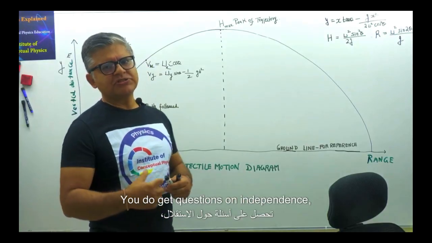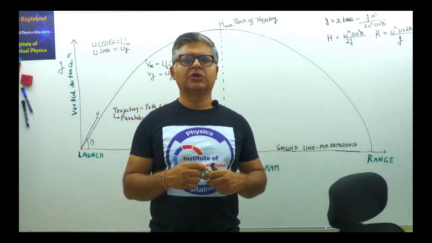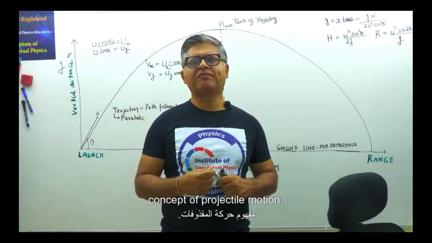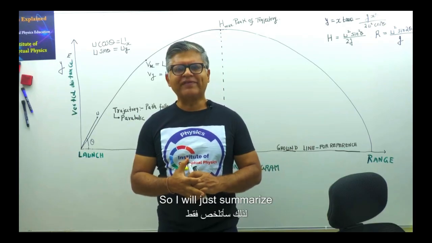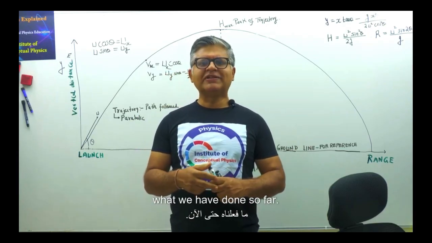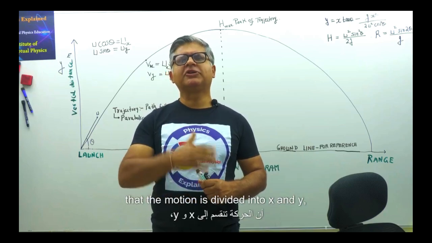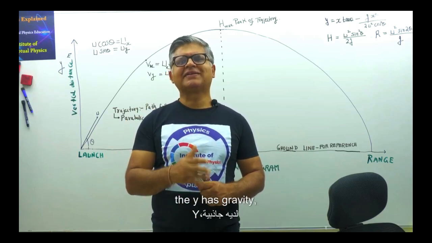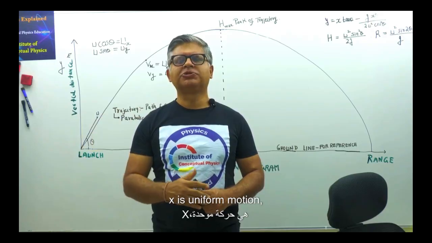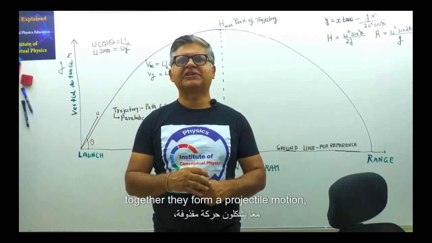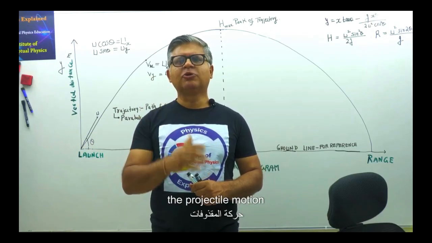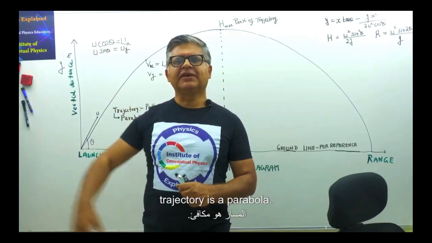You do get questions on independence, the very basic concept of projectile motion. So I will just summarize what we have done so far. We have understood that the motion is divided into x and y. The y has gravity, x is uniform motion. Together they form a projectile motion. The projectile motion trajectory is a parabola.